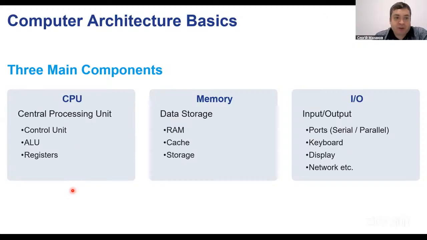The CPU has main elements like the control unit, a digital device, and the arithmetic logic unit. This is the part of the CPU that can count and use logical operations.